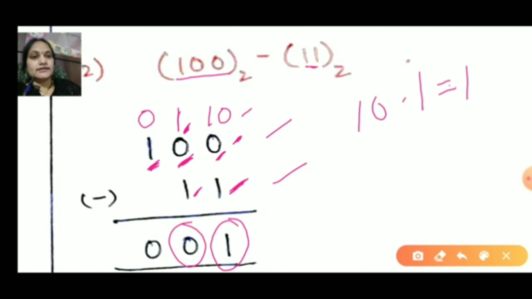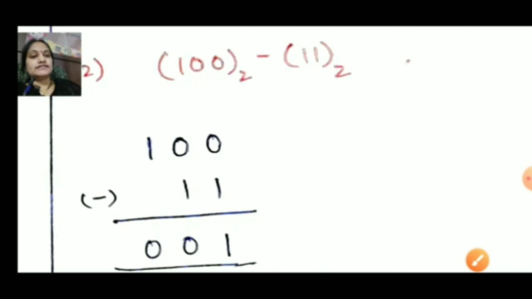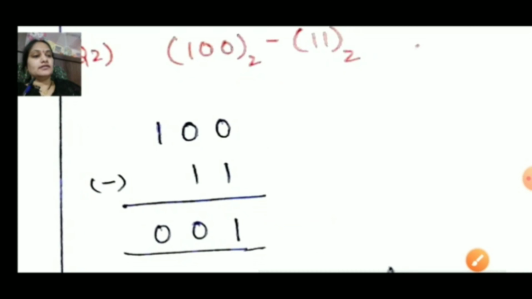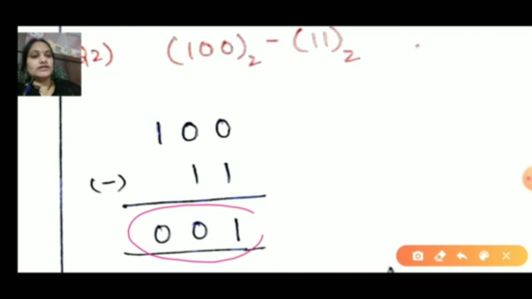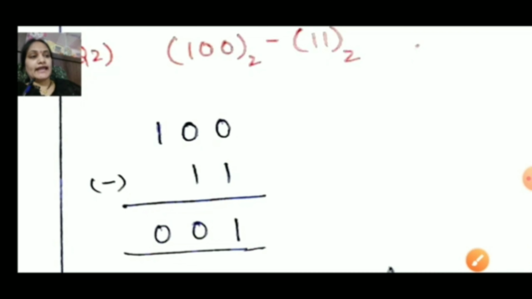Again, you write this 0 here. That's why we got the value 001 here. This is the actual process you have to follow in case of subtraction.